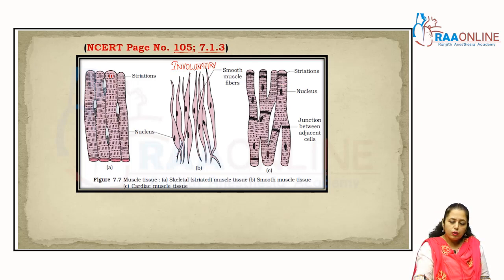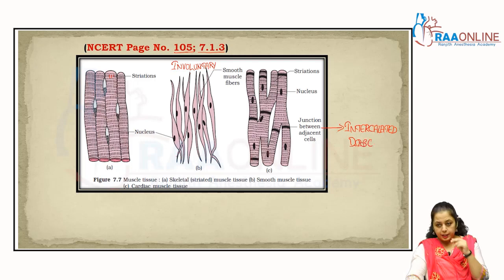And these are also striated muscles because of the presence of these striations, right? And the junctions between the small cylindrical cells, these junctions between the adjacent cells, are called the intercalated disc, right?